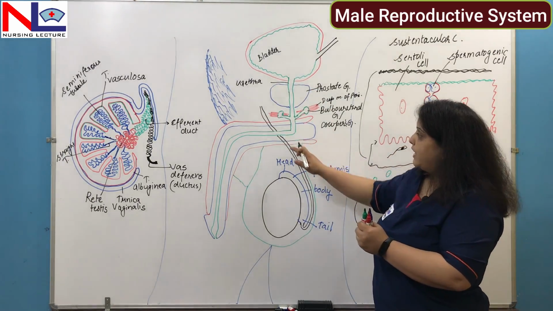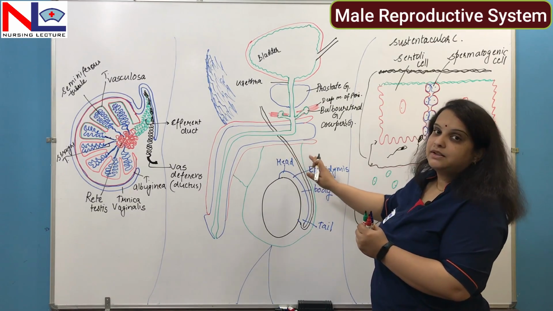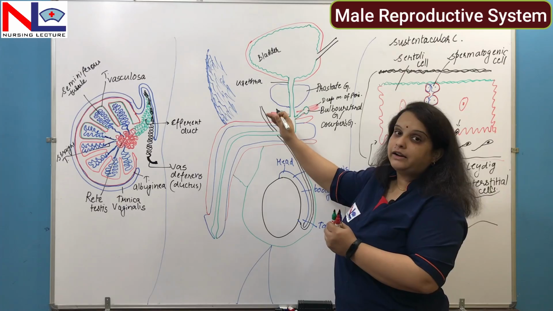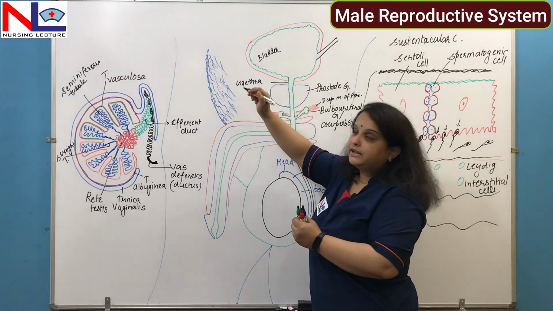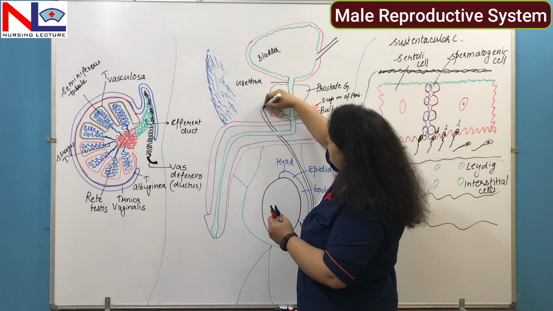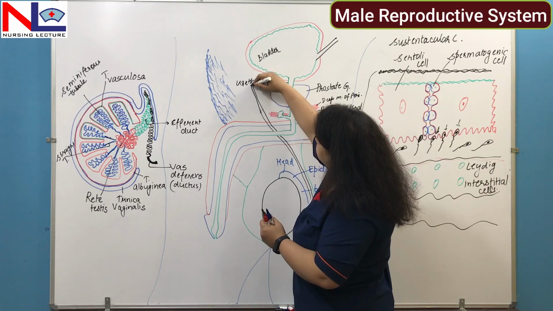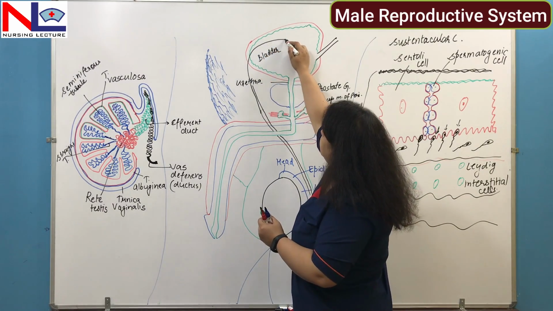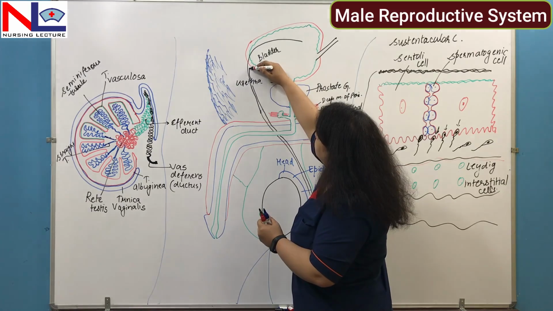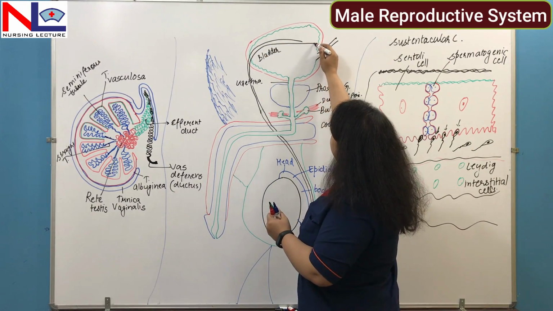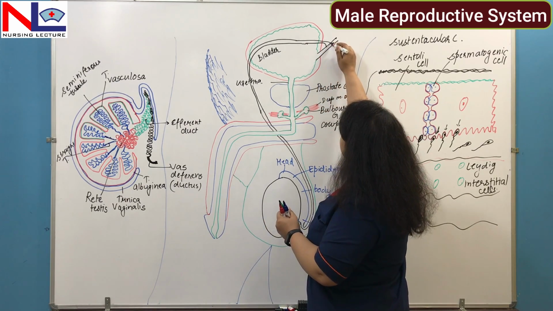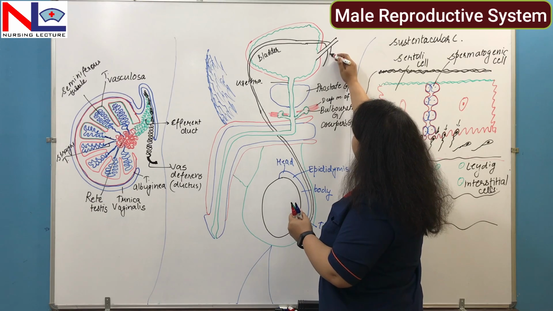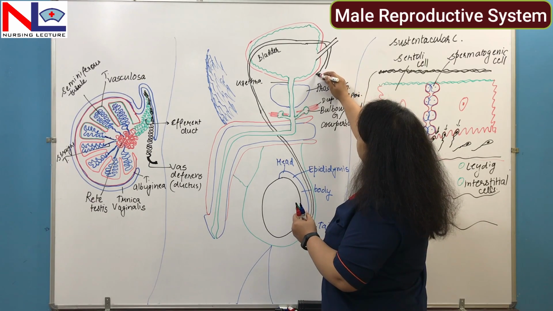Finally, here you can see it goes sideways to the bladder, then forms a loop over the ureter, and at the distal part it becomes slightly enlarged.